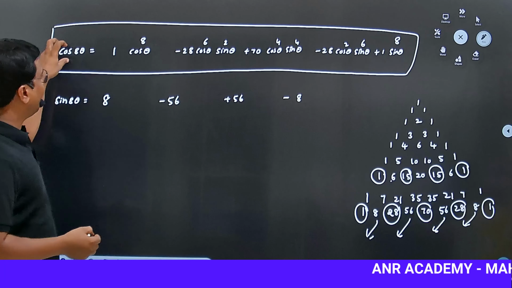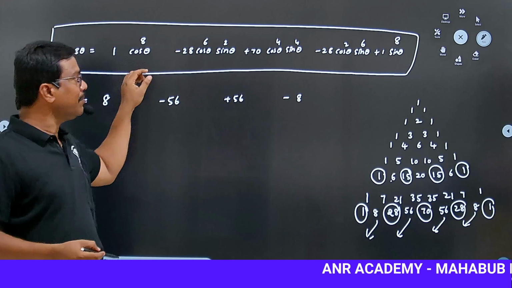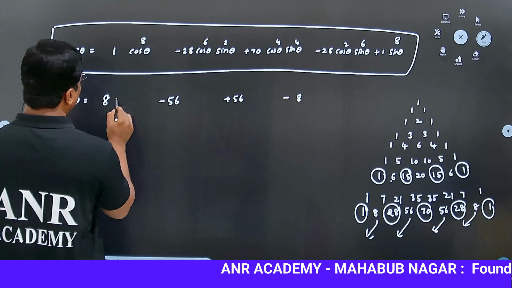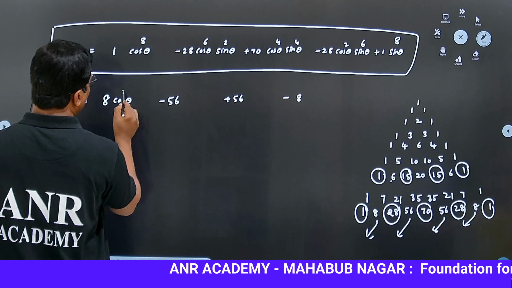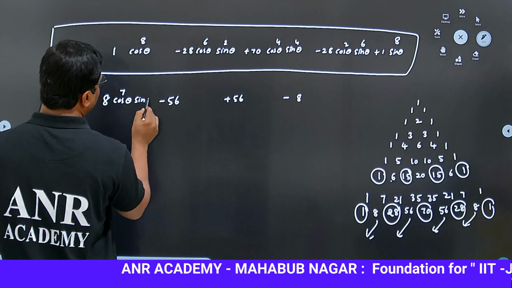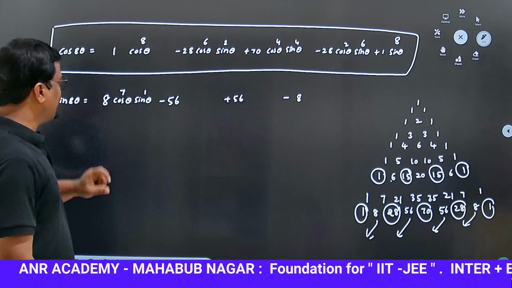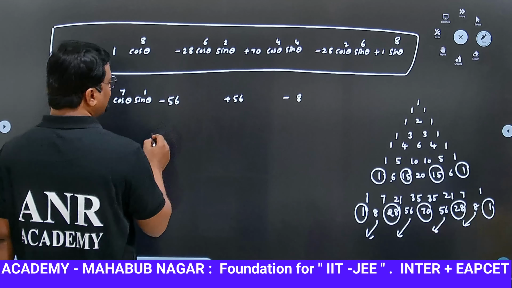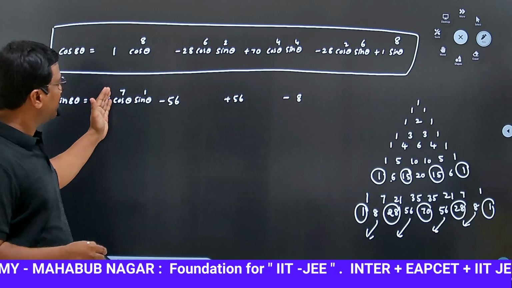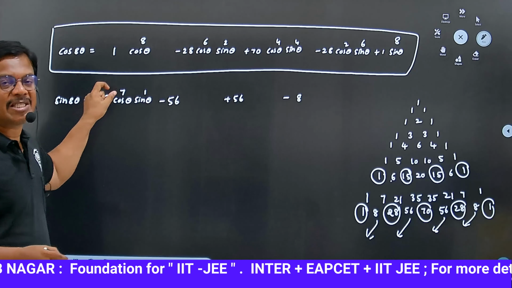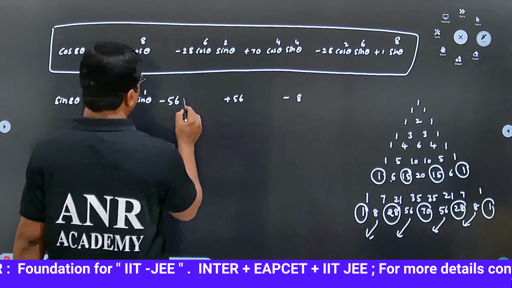If you have cos 8 theta, the first term is cos theta power 8. When you have sin 8 theta, it is cos theta with exponent 7 and sin theta with exponent 1. Let us start like this first, and then raise the sine exponent by 2 units and decrease the cosine exponent by 2 units, and continue this, you will get the result.